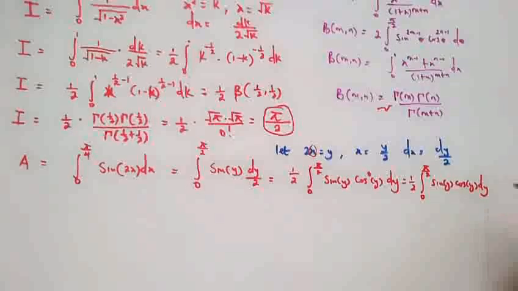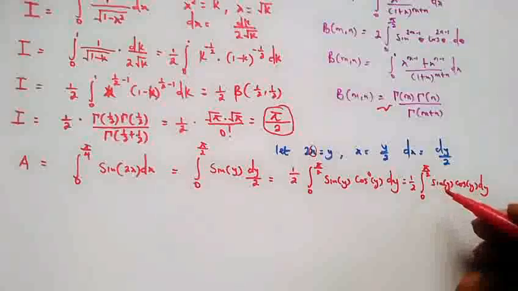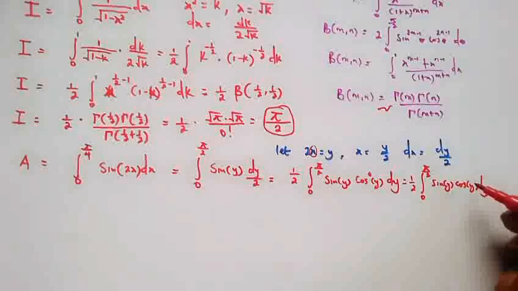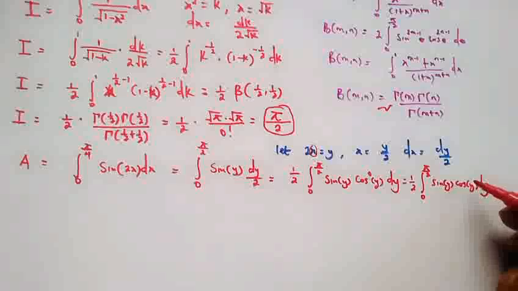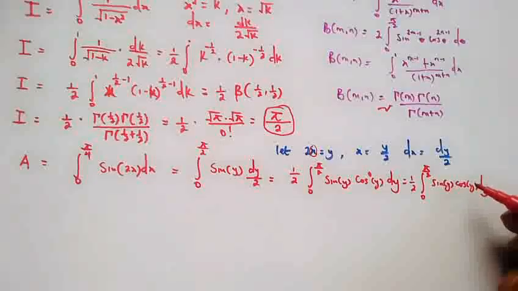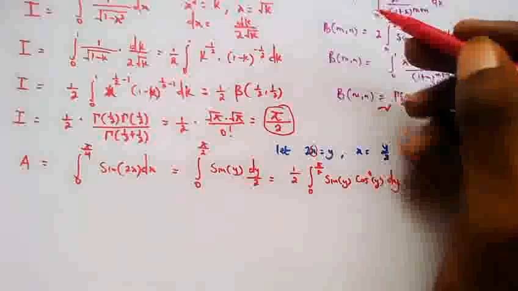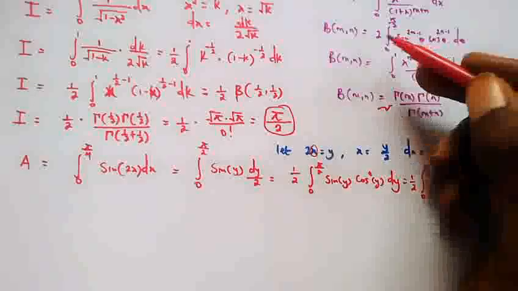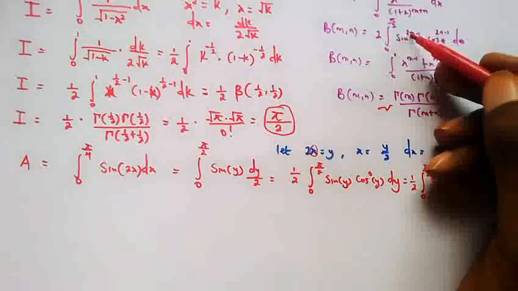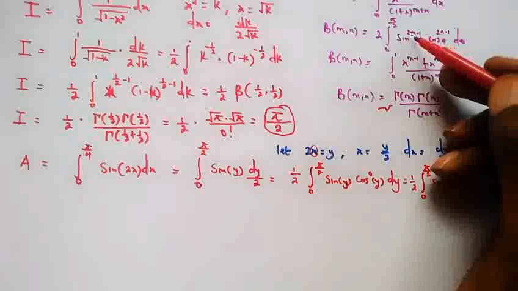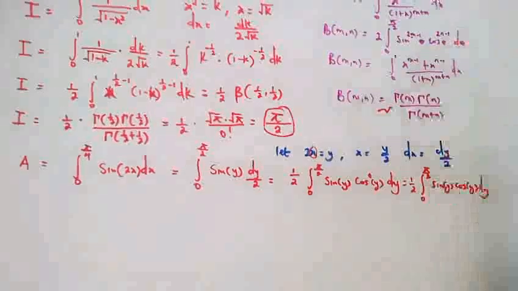Now how can we know the actual function we're going to take here? We're going to take the beta function, but of which values? That is the next question. Now let's go back to this particular place. Before we take this function, we must have powers that look exactly like 2m minus 1 and 2n minus 1.